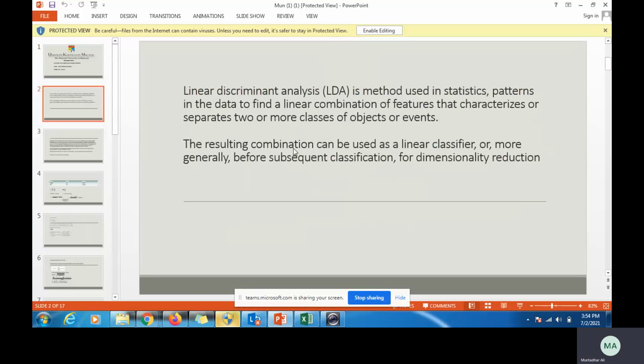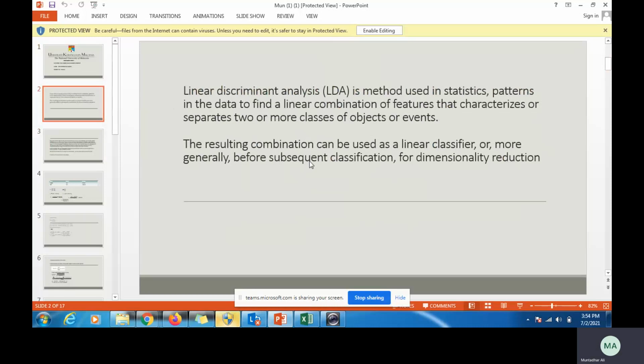The resulting combination can be used as a linear classifier or, more generally, for subsequent classification and dimensionality reduction. Also, LDA has a close link with principal components, PCA, as well as factor analysis. LDA tries to model the distinction among the data.